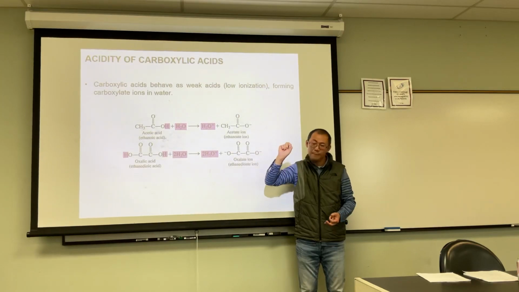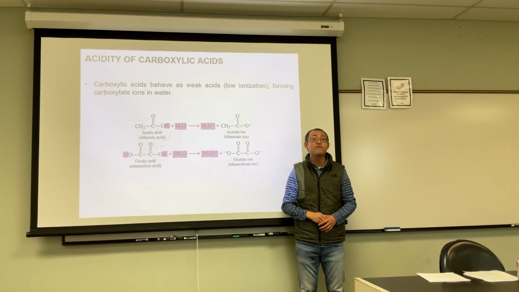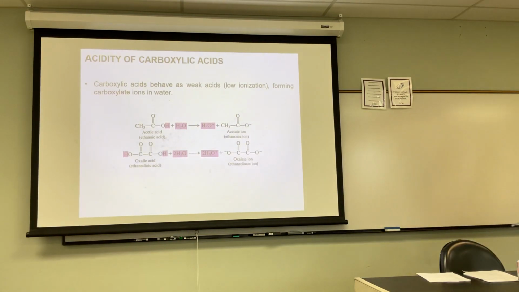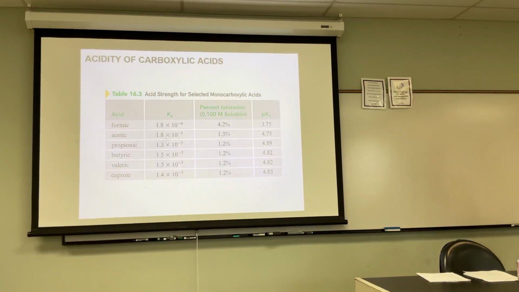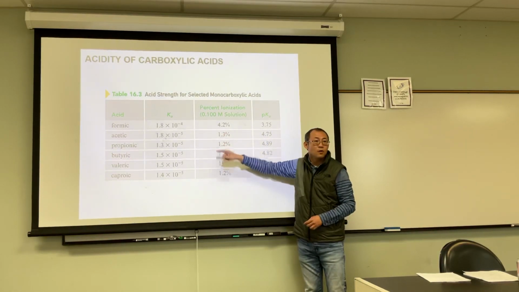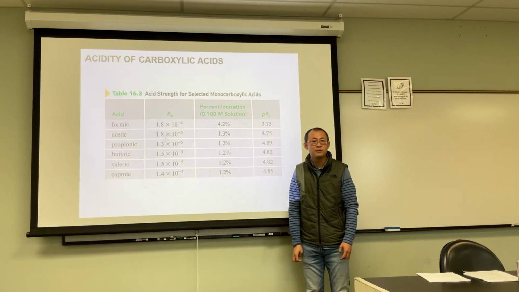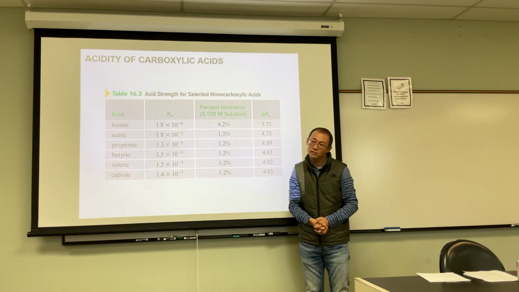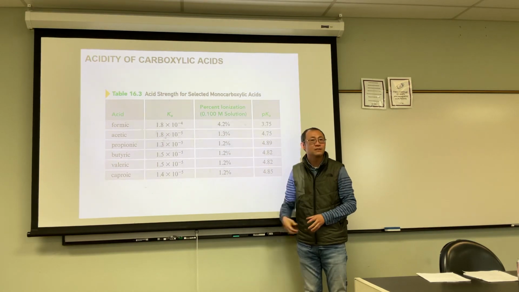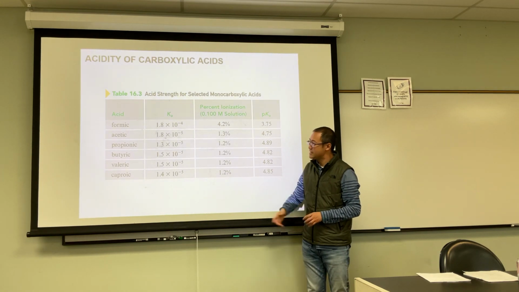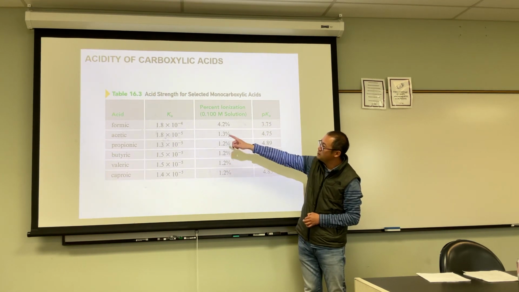But that only happens in a small fraction, small percent. How much percent? We have a table on the next page to show you the percentage. Acetic acid here, only what percent? 1.3%. That means what? 98% of the molecules are still COOH. Only a small percent ionized.